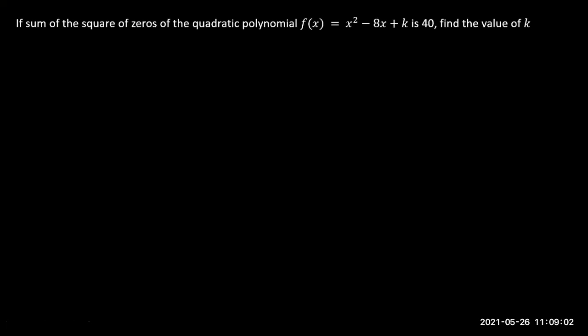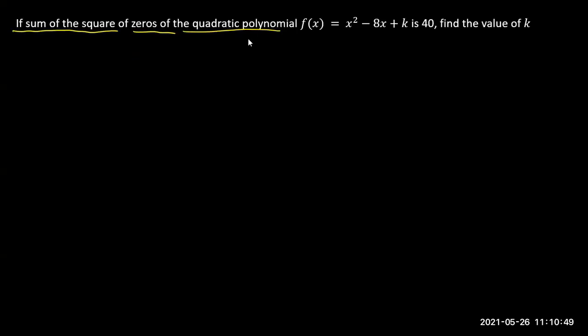If the sum of the squares of zeros of the quadratic polynomial f of x is equal to x square minus 8x plus k is 40. Here the first sentence is more important: the sum of the squares of zeros. Zeros means alpha and beta, the two zeros, and their squares sum, alpha square and beta square.